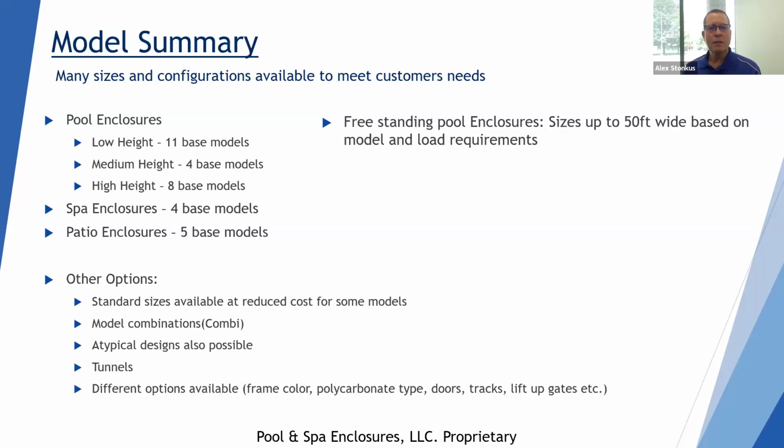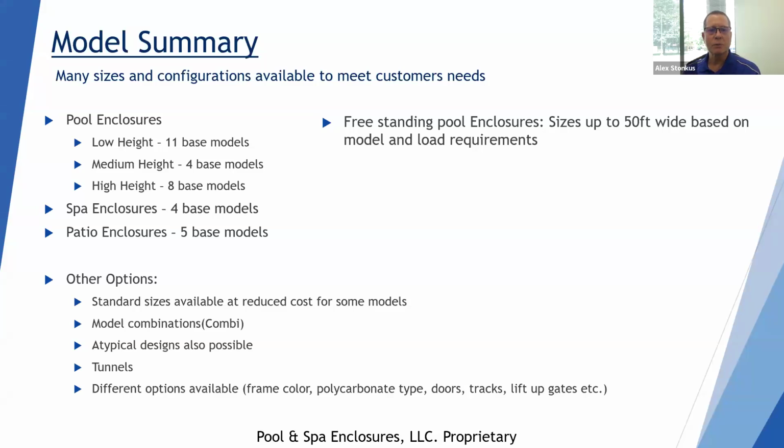We also do a combination where you can have different size models. We'll show you some nice photos where we can have enclosures that not only butt to the side of a house, but have tunnels that can be from the gable end or from the side of the enclosure.